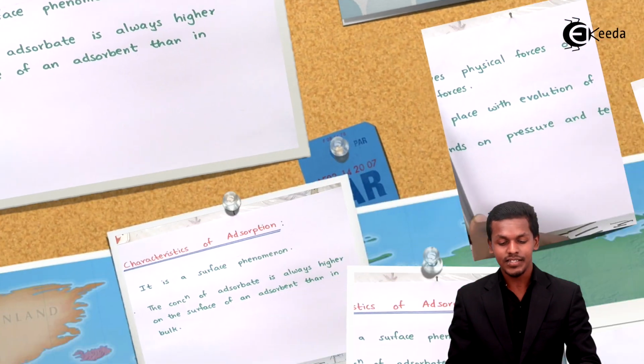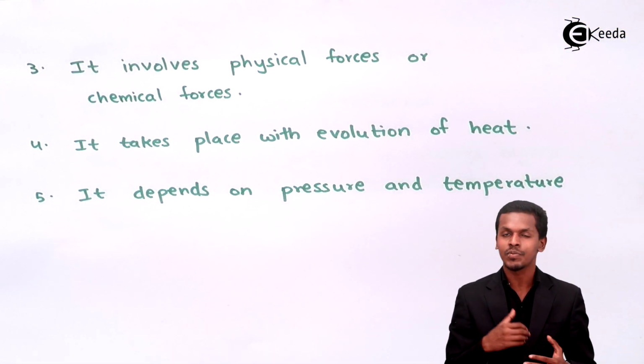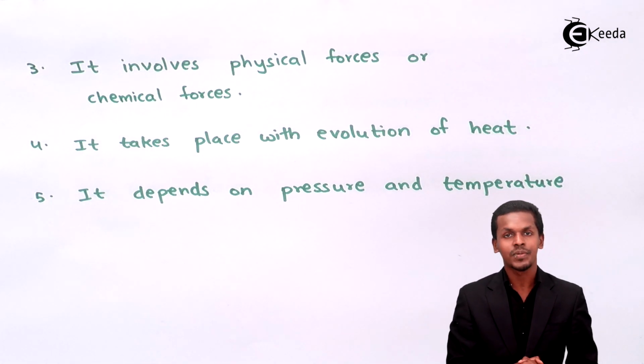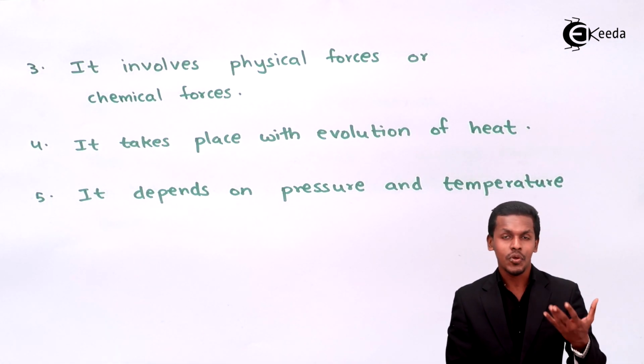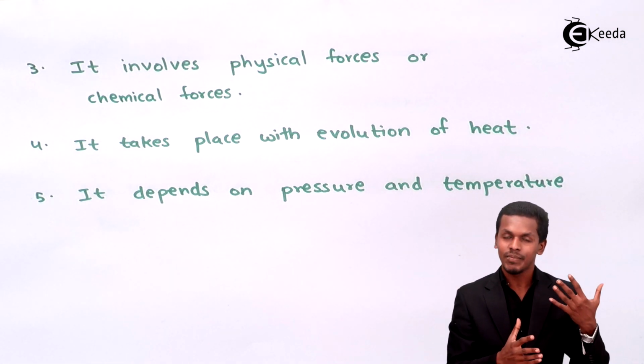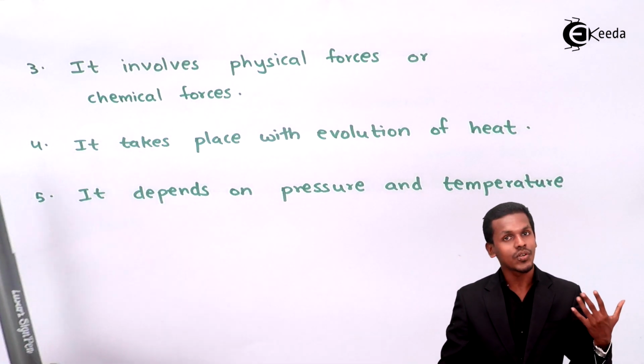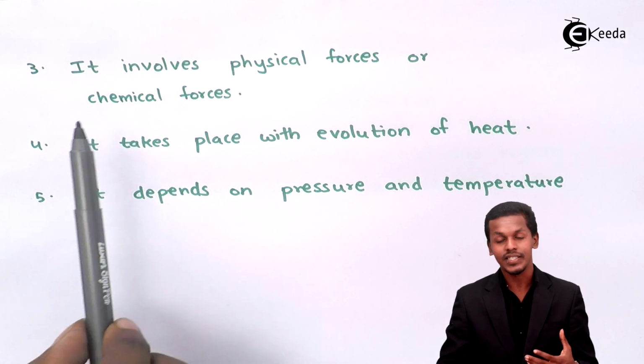Talking about the next one: it involves physical forces or chemical forces, because we know that adsorption is of two types, physical adsorption and chemical adsorption, known as physisorption and chemisorption respectively. So two kinds of force of attraction are involved between the adsorbate and the adsorbent. One is a physical force of attraction, or physisorption, and the other is chemisorption.